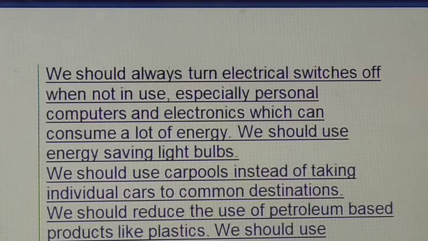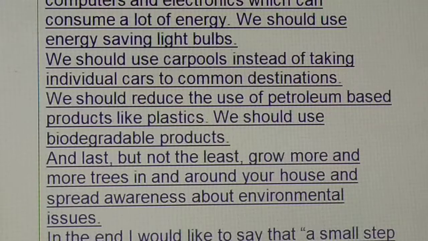We should always turn electrical switches off when not in use, especially personal computers and electronics, which can consume a lot of energy. We should use energy saving light bulbs. We should use carpools instead of taking individual cars to common destinations. We should reduce the use of petroleum-based products like plastics. Plastics are very dangerous for the environment. We should use biodegradable products.